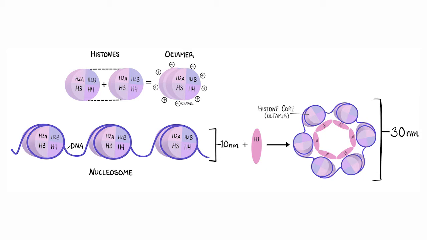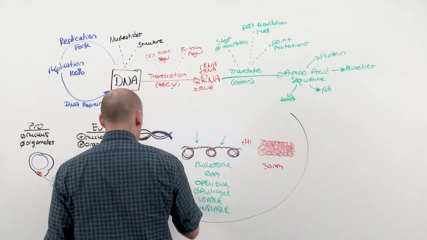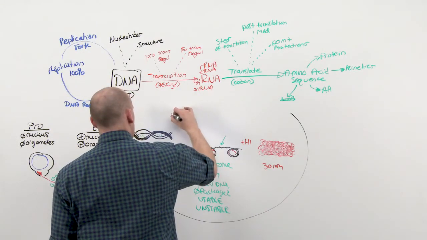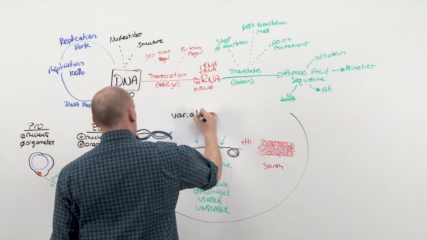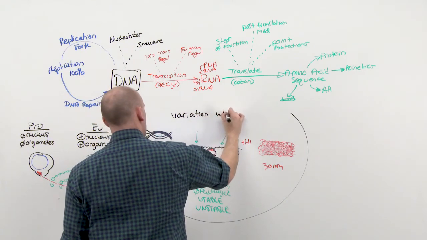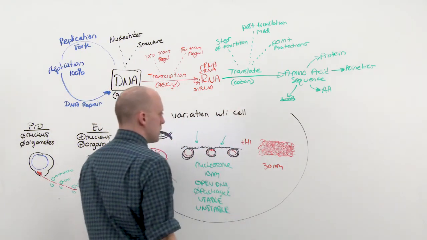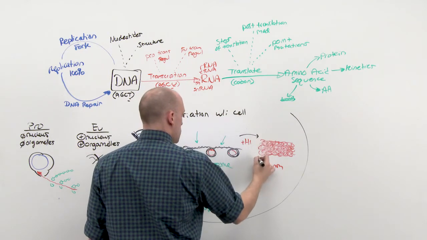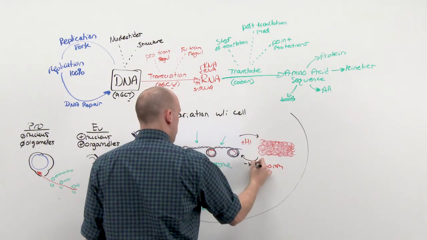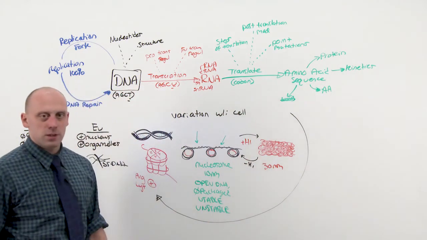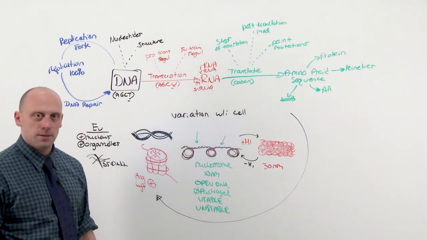This is a 30 nanometer band. The thing is, everything to the left is what makes a cell a cell. It allows for variation within the cell. Because you can imagine if you simply remove the H1, it goes back to this 10 nanometer easily accessible DNA.